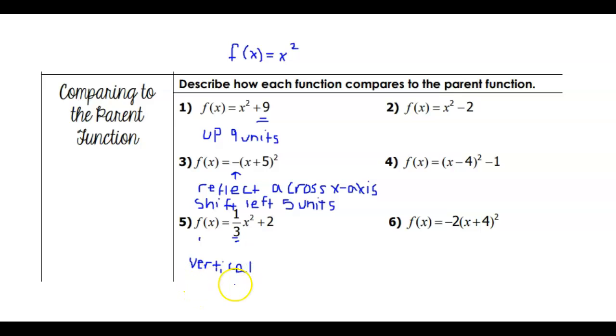So this is going to vertically compress the graph by a factor of 3, or 1/3. And I say 3 because we're actually dividing by 3, but you can say 1/3. And then shift the graph up 2.